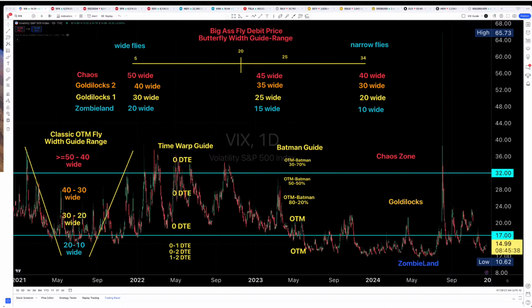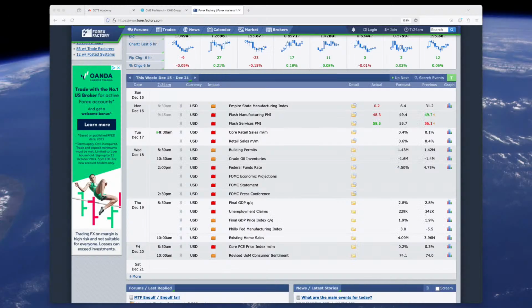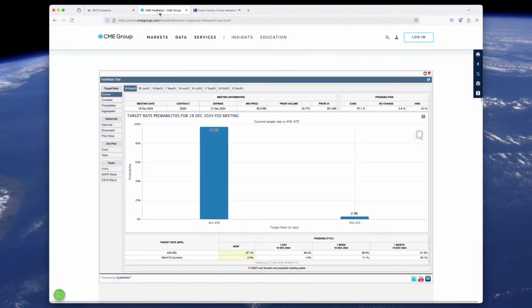This is obviously not the FedWatch Tool. I have it set up here. And that's not the FedWatch Tool either. But this is.